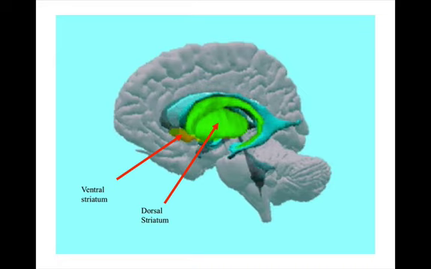Remember, dorsal means higher up. But the ventral striatum is also often called the nucleus accumbens. When we use that term, we tend to refer to the dorsal striatum that's made up of the caudate nucleus and putamen as just the striatum.